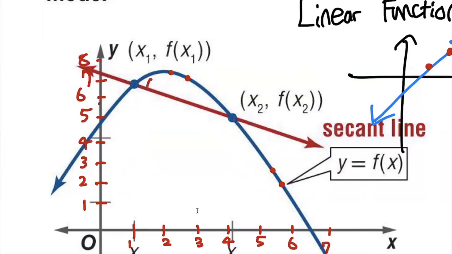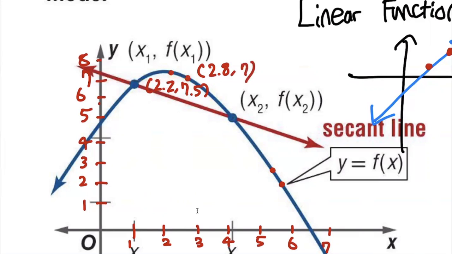First point looks to be around 2.2, comma 7.5. The second point would be closer to 2.8, I believe. I'm not being accurate, by the way. And then the y value would be like 7, right?